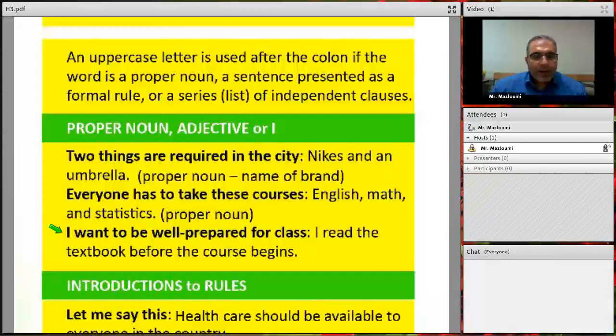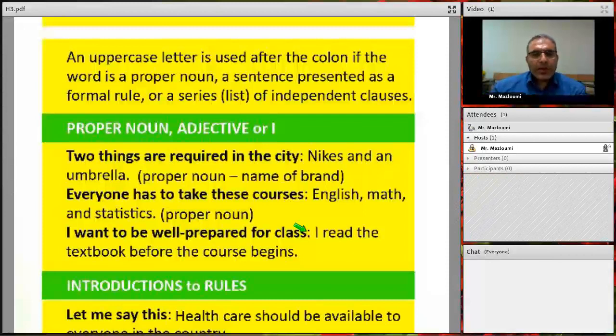And the last one: I want to be well prepared for class. I read the textbook before the course begins. So, I want to be well prepared for the class, to be ready for the class. Okay, how? Colon, I read the textbook. You see, guys, I read the textbook is a sentence here, so we need to capitalize the first letter.